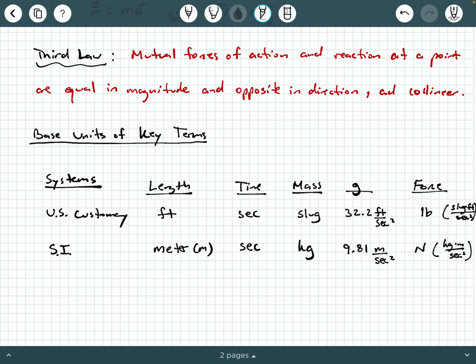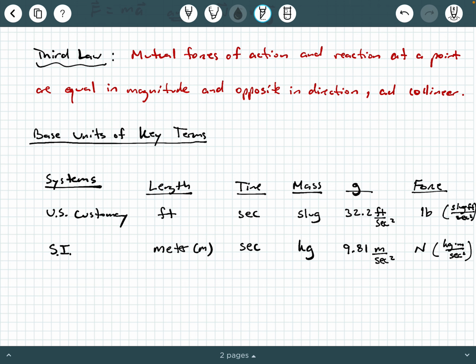That's not right. Or they may think a kilonewton is a kilogram meter per second squared. That's also not right. A regular old newton is a kilogram meter per second squared. So be very careful with that. And again, watch out for your units of force in U.S. customary units. We have the pound here. Whereas the U.S. customary mass is a slug.